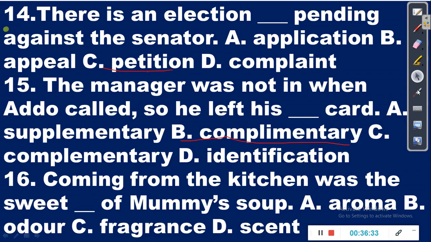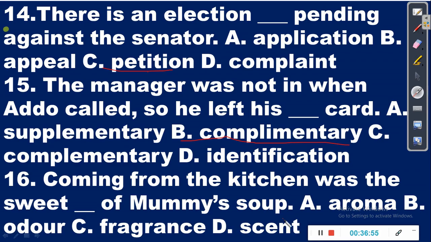Now let's begin to look at these options. Option A is aroma, B, odor, C, fragrance, D, scents. Now, all these four options have one thing in common. They are all connected with smell, you know, the sense of smell.